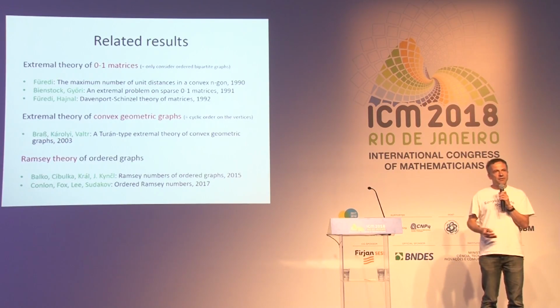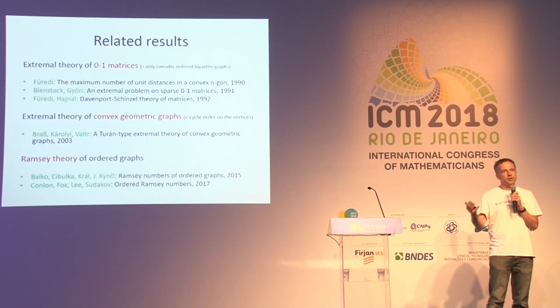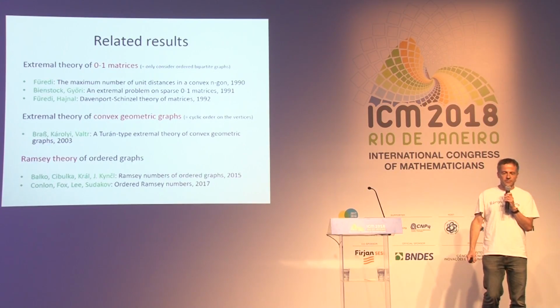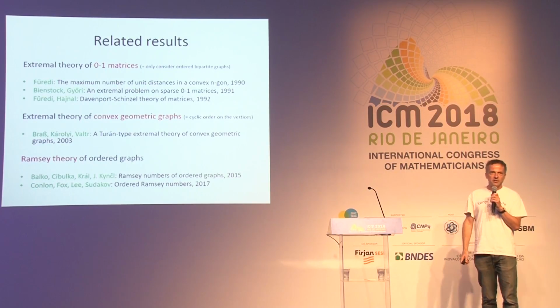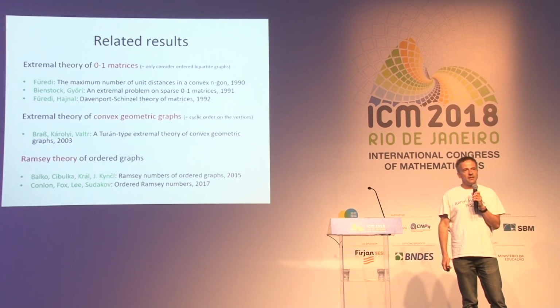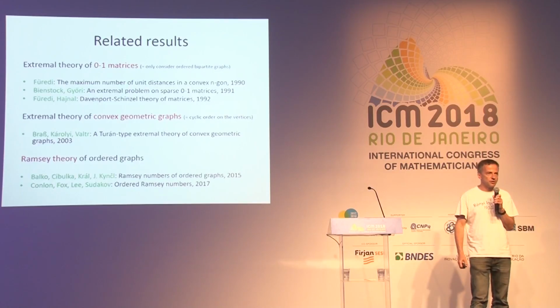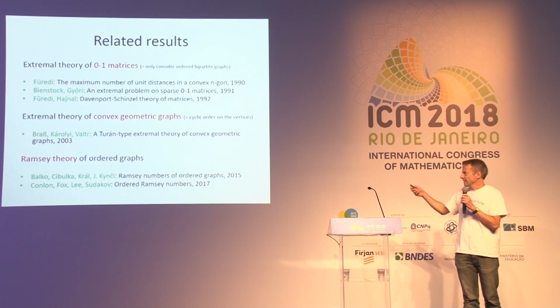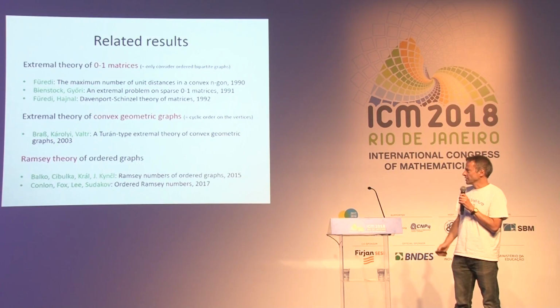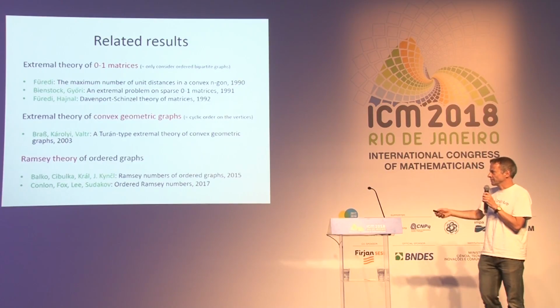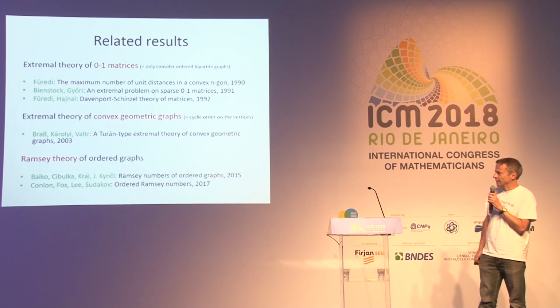If the vertices of your graph correspond to points in some geometric space, especially if it's the plane, then very often a natural linear order is also present among those vertices, and then you can apply ordered graph extremal problems very successfully.